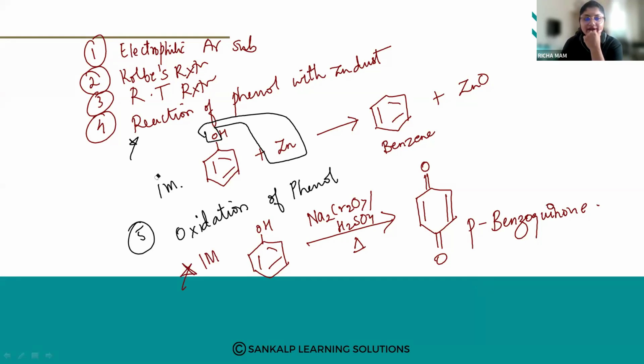They can ask, when phenol reacts with zinc, what is the product formed? Or when phenol reacts with chromic acid, what is the product formed?